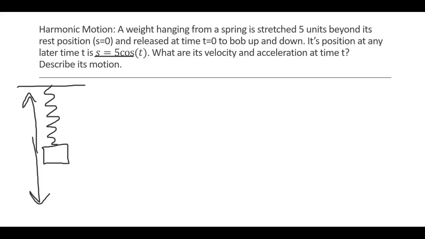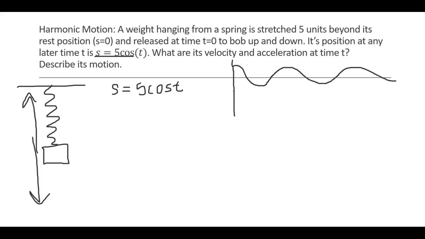So we are told that the position function is s equals 5 cosine t. And think back to trigonometry. Think about what the cosine function looks like. It looks like that wave, right?